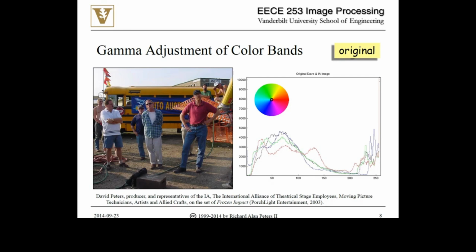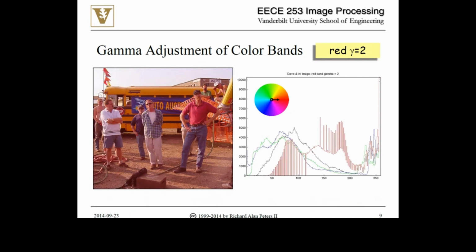You may remember that they are sorted according to the responses of our receptors. So let's say that we have that image, and this is the histogram of that image. The black one is the intensity, or luminance.